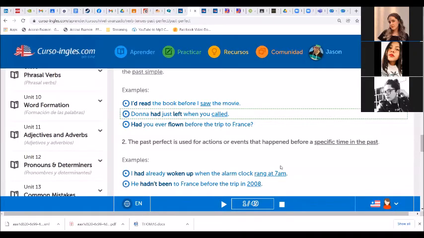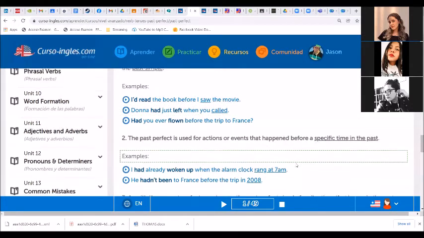Examples: I had already woken up when the alarm clock rang at 7 a.m. He hadn't been to France before the trip in 2008. 2008. Good. All right.